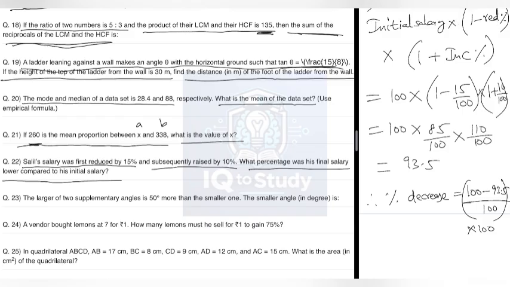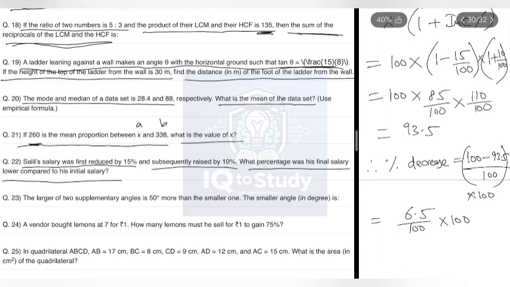Here 100 is the initial salary and 93.5 is the final salary, which means 6.5/100 into 100, that is equal to 6.5%. So the percentage decrease is 6.5%.